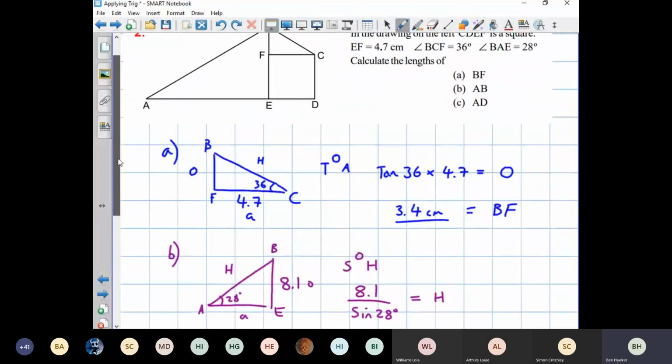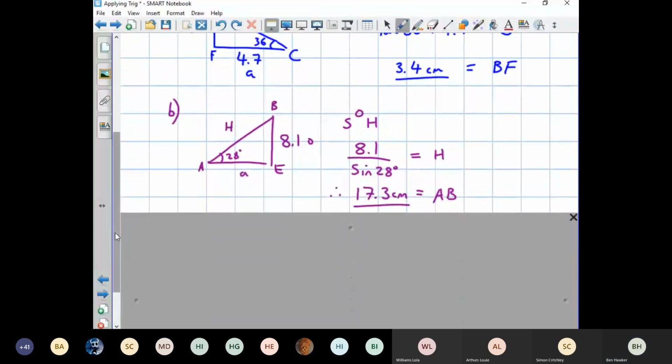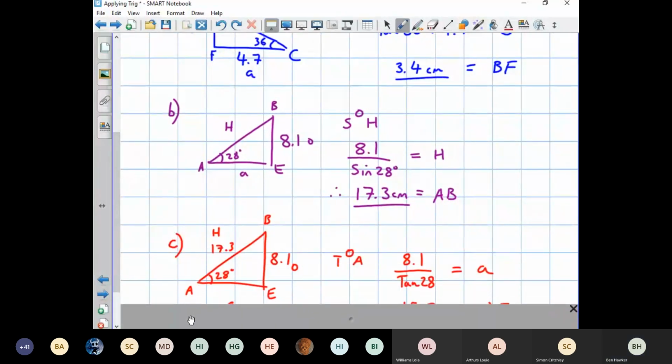And then the final thing I need to work out is AD. So once again, I've got my values of 17.3 and 8.1. I want to work out AE first. I'm going to avoid using Pythagoras here, because that then gives me two sides which have been calculated and rounded. So I'm just using 8.1, because that's my original one, so not two lots of rounding to get 17.3, and the 28 degrees which was given.